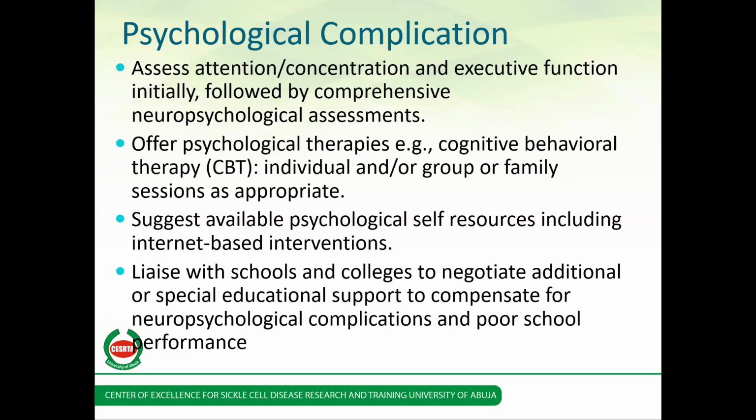Again, this is where the mental health or clinical psychologists specialists come in. Suggest available psychological self-resources, including internet-based interventions. Liaise with schools and colleges to negotiate additional or special educational support to compensate for neuropsychological complications and poor school performance.